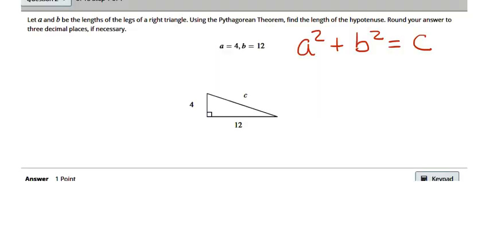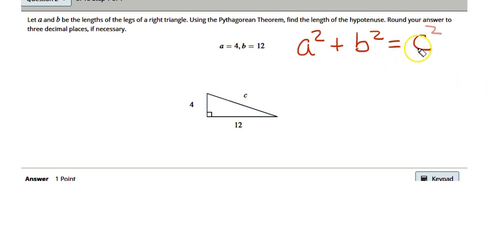15 plus 82 minus 104 is negative 7. Now, for this next one, you might want to note the Pythagorean theorem. They want you to find the length of the hypotenuse, side C, and it's a squared plus b squared equals c squared.